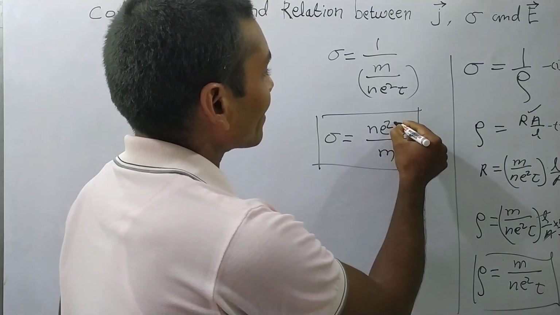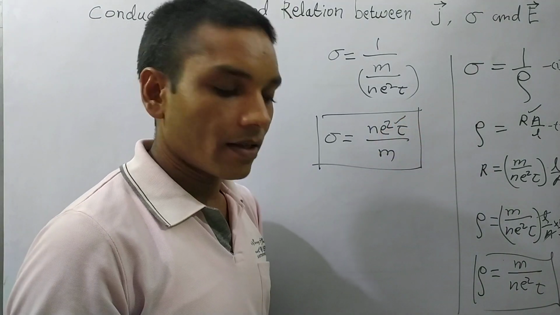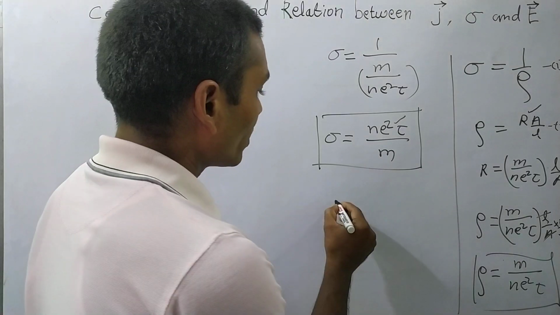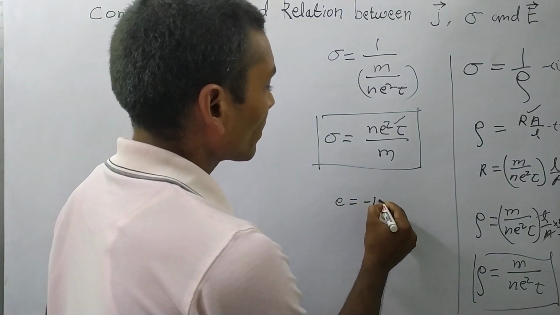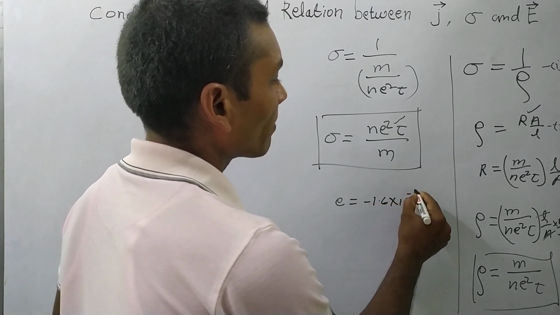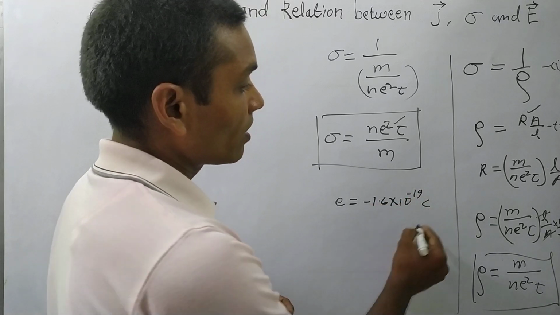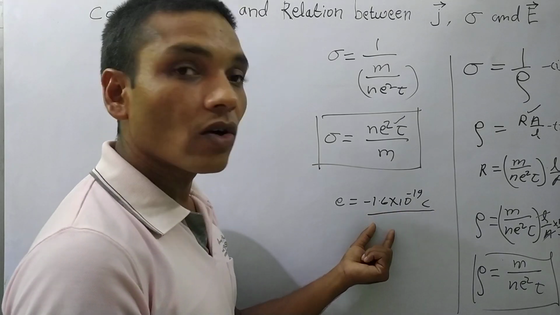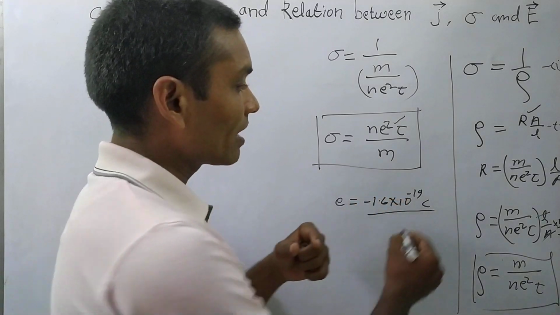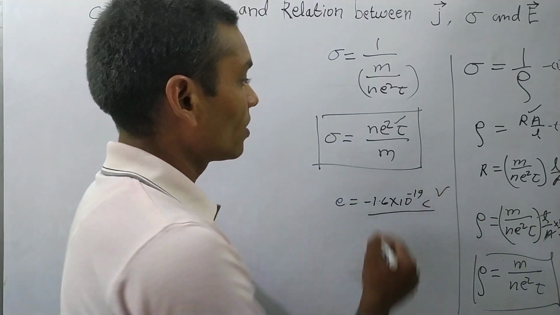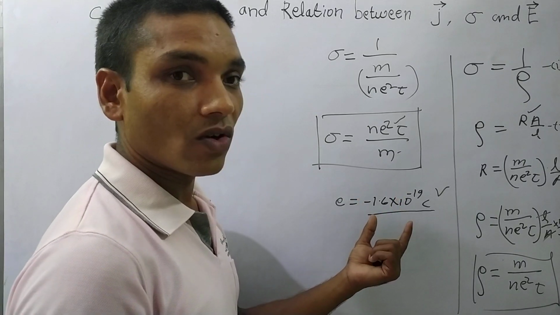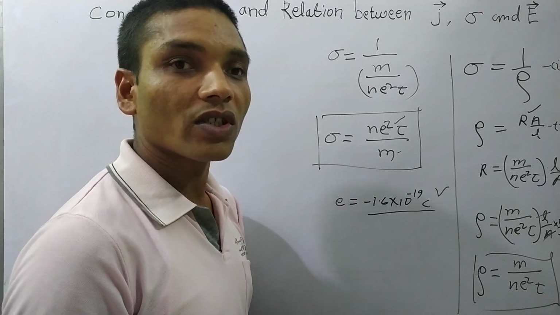Here small e is the charge of one electron, equal to minus 1.6 into 10 to the power minus 19 coulomb. The charge on one electron is fixed, or constant. m is the mass of the electron, and this mass is also constant.